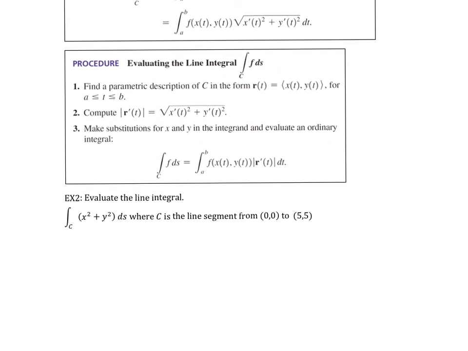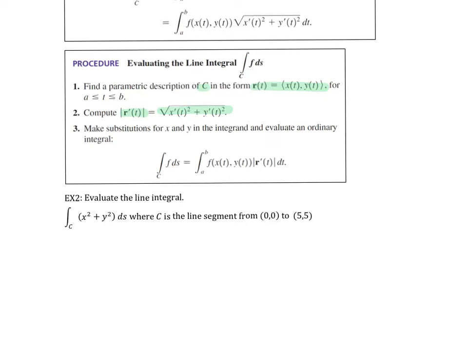Below is the procedure for evaluating a line integral and going from arc length to any parameter t. First of all, number one, we want to find a parametric description of c in the form of some parameter t. Compute the magnitude of r prime, or the Jacobian, because it's a transformation, which is simply the magnitude of a vector: the square root of, in this case, the derivatives squared, added together.